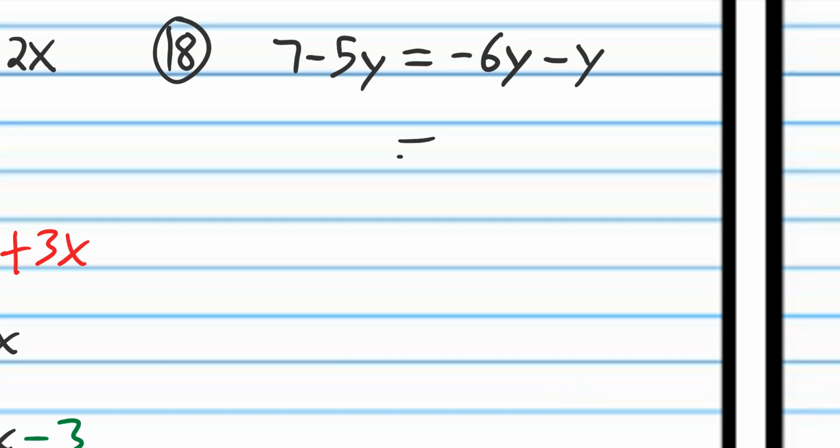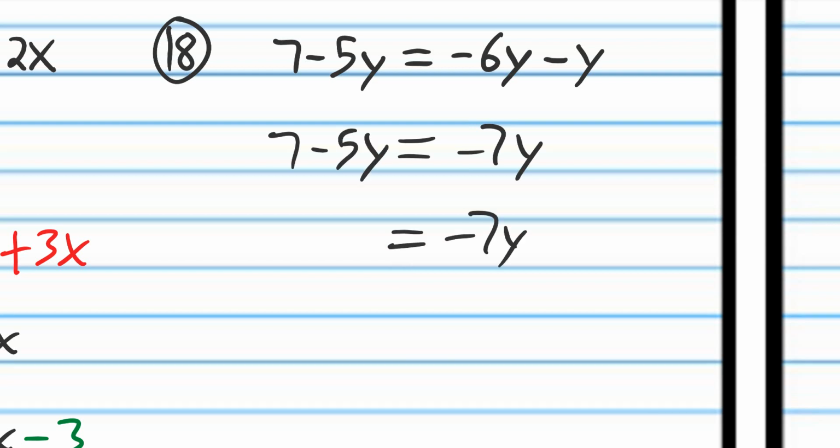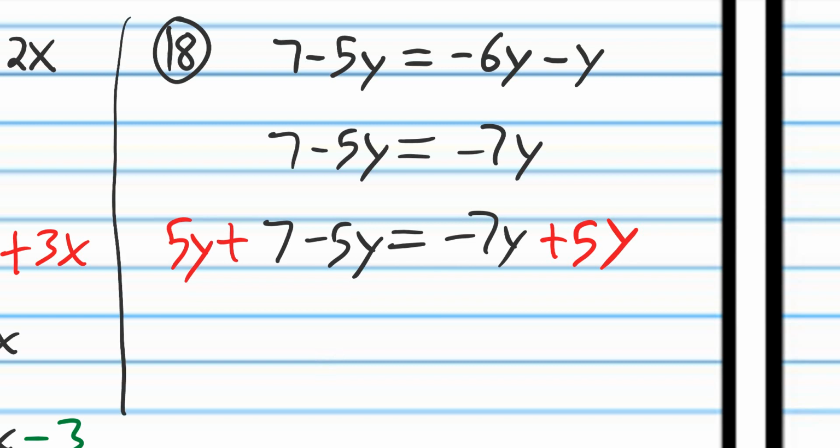All right, we're back. The first step is going to be simplifying the right side of the equation. Then rewrite that result. Add 5y to both sides. Now we need to put a divider here.